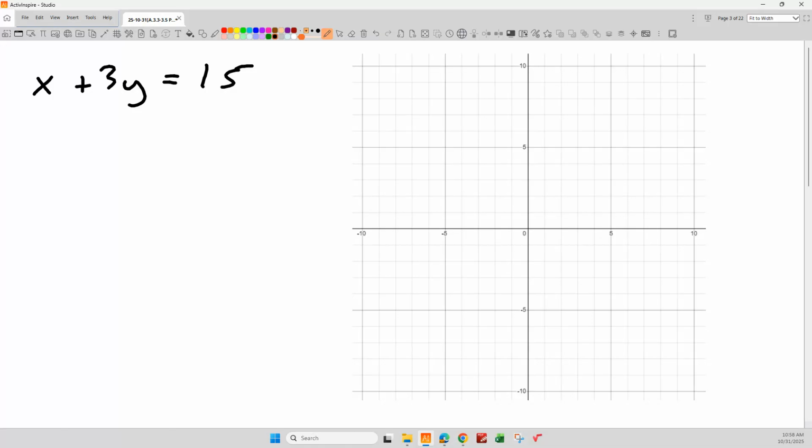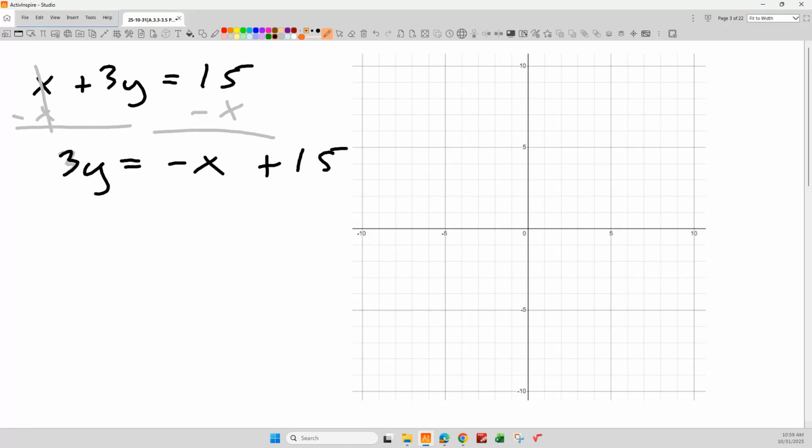What's my goal here if I want to put this into slope-intercept form? Isolate y on the left side. Agree? So we subtract x. Those guys cancel. I get 3y equals negative x plus 15. Now what?